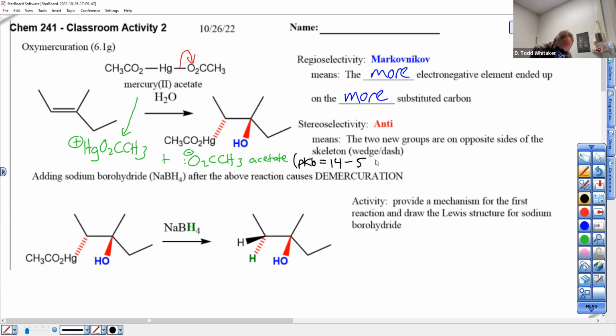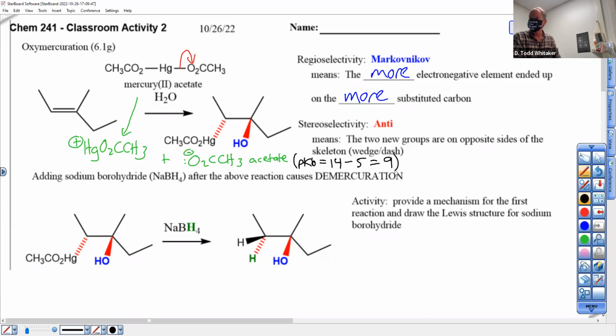5. So this one, compared to the previous example, is a much, much, much, much better base. When I need a base, this is it. Remember, water was what, 17? 14 minus -3. We chose -3. If you chose -2, it was 16. If you chose -3, it's 17. Either way, those numbers are nothing compared to this number as a base.